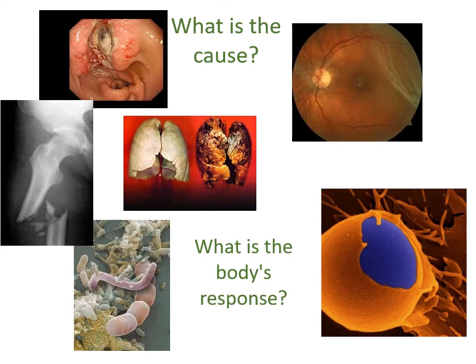There's a severely damaged lung in the middle, likely from smoking and pollution, and even potentially workplace inhalation injuries. And so they're just showing you an assortment of different pathologies.